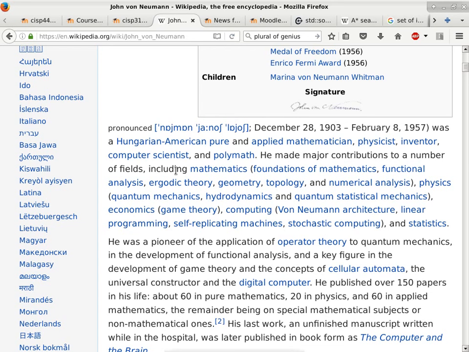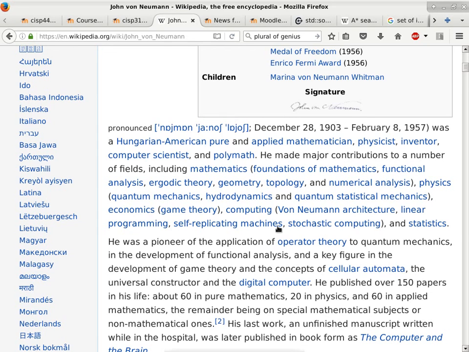Self-replicating machines. Wow. He thought of that stuff in the 50s, way before Stargate SG-1, the replicators, the bugs, or even Star Trek. So the guy came up with all of these ideas way ahead of his time.